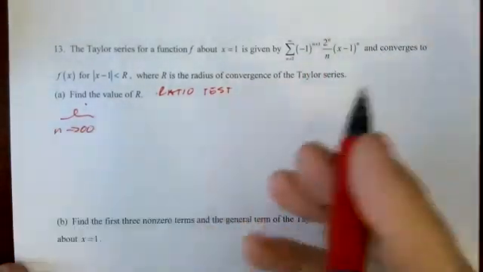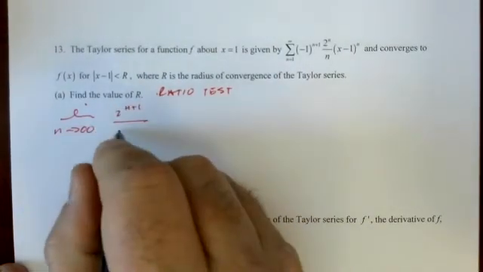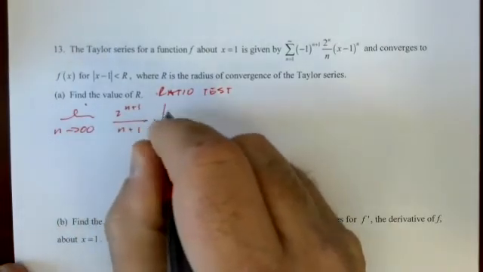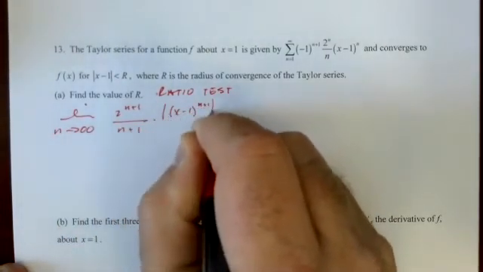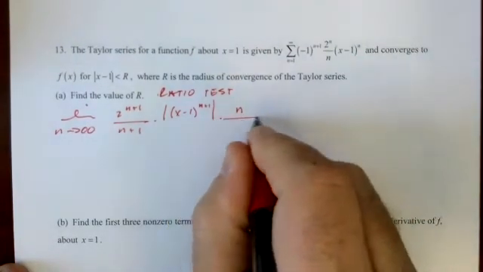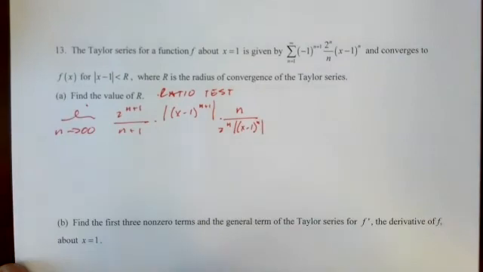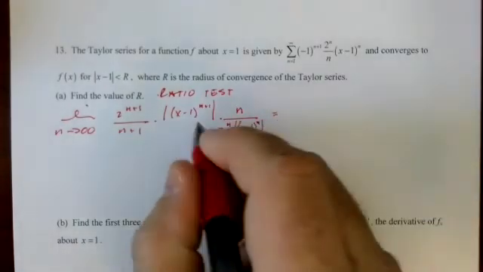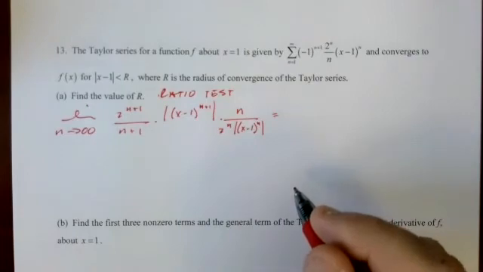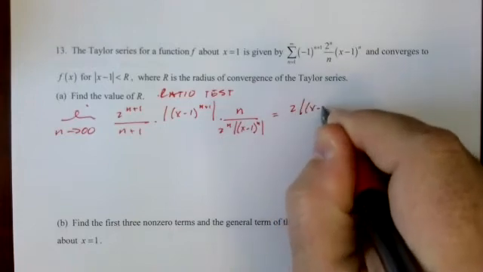Toss that out, it's going to get blasted away. 2 to the n plus 1 over n plus 1, x minus 1 to the n plus 1, over 2 to the n, x minus 1 to the n, equals two times x minus 1.